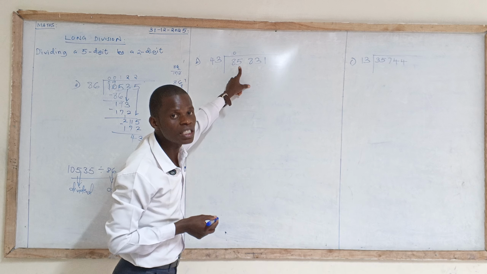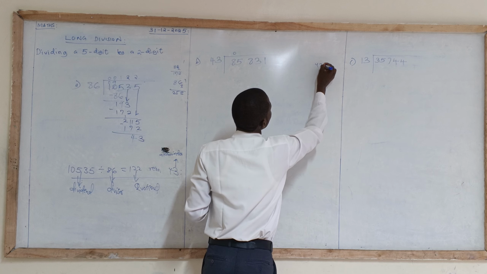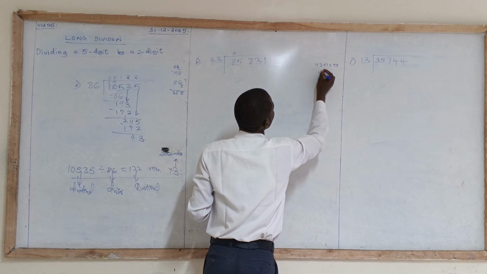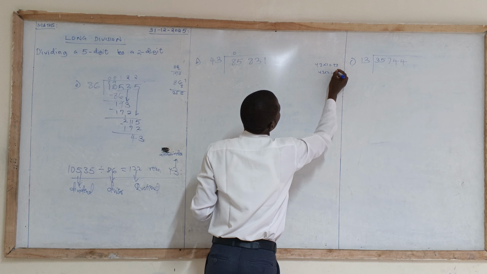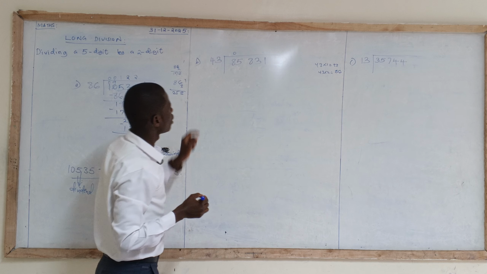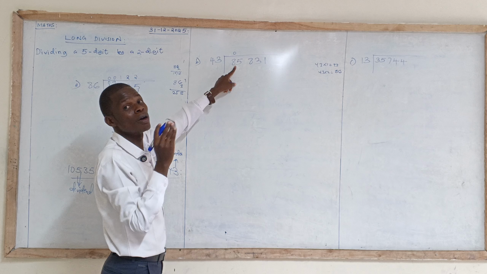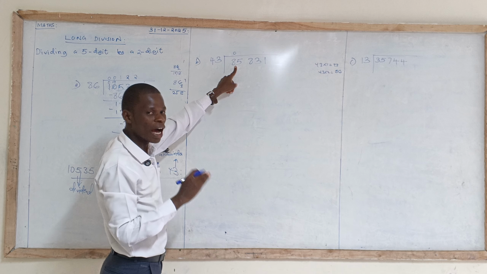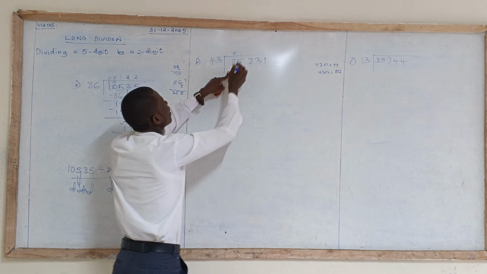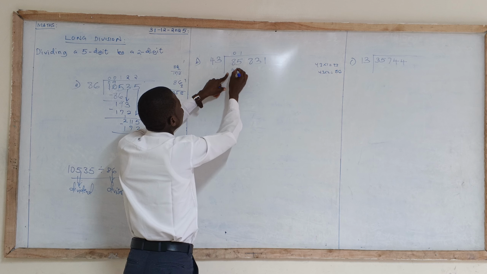How many 43s are there in 85? Let us check. 43 times 1, that is now 43. 43 times 2, that's now 86. We are very close, but the product is greater. We have to go below. So 43 divides 85 how many times? 1 time, bringing 43.